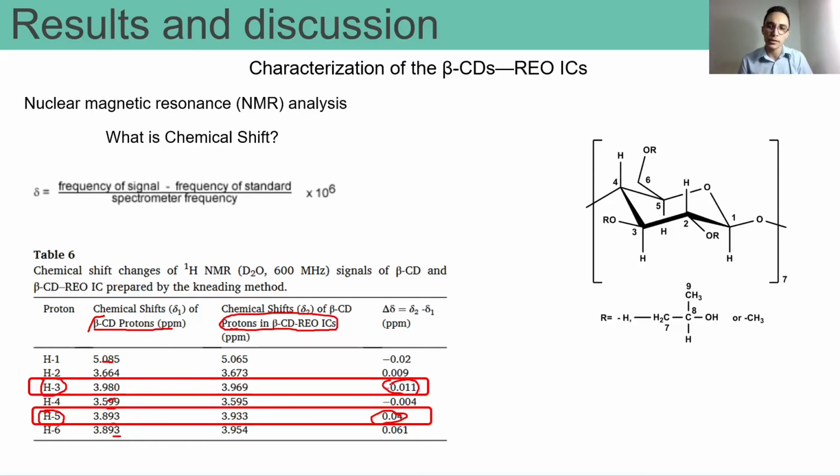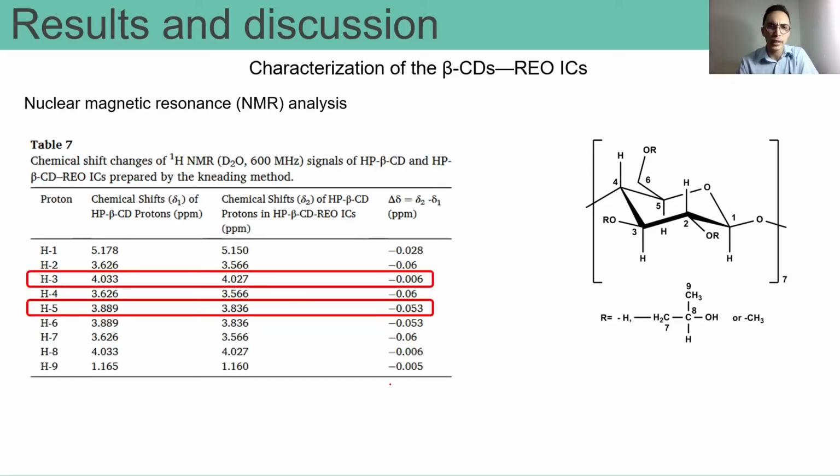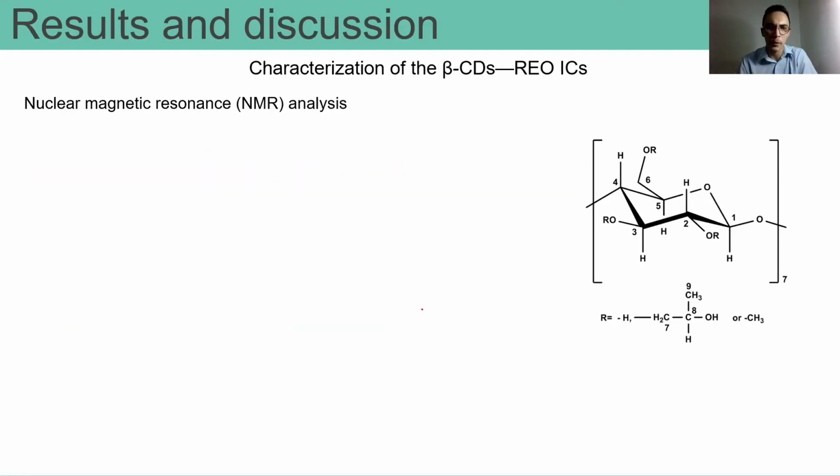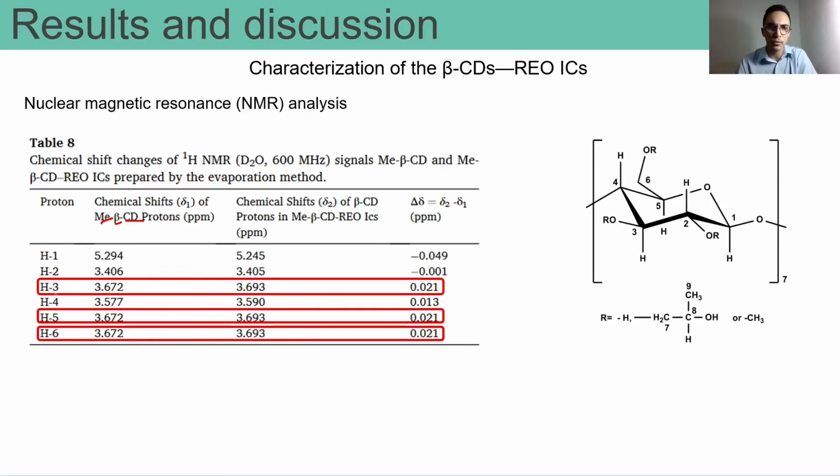The same thing happens for the hydroxypropyl-beta-cyclodextrin protons: for protons 3 and 5 we have a really important difference. And the last one is methyl-beta-cyclodextrin, where we have differences in hydrogen 3, 5, and 6. This tells us that we have formation of the inclusion complex.